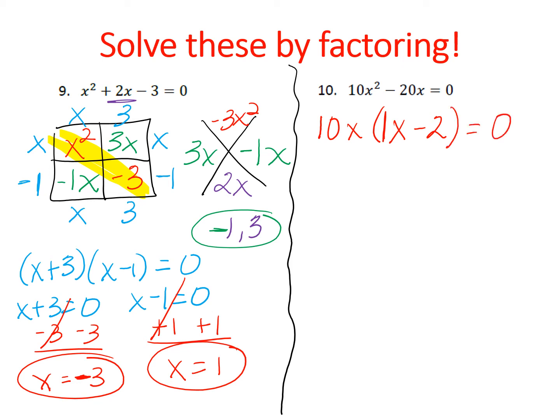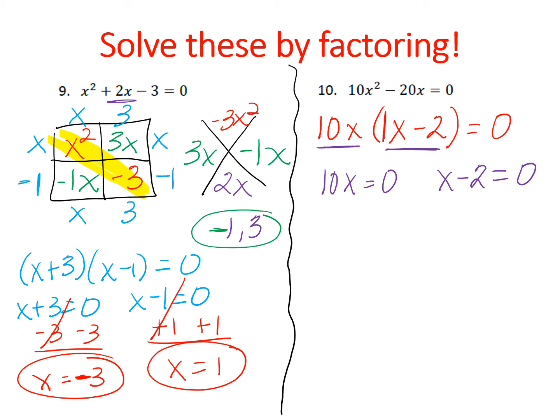Once again, we still have 2 terms. And some kids freak out on these because they don't think of this as 2 terms, because they don't see that parentheses. But we do have 2 terms. We have this 10x and we have the x minus 2, or the 1x minus 2. So we set each of those equal to 0. So 10x equals 0 and x minus 2 equals 0. Again, I dropped the 1. Feel free to keep it if you would like.